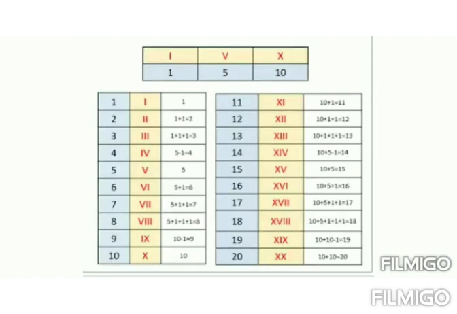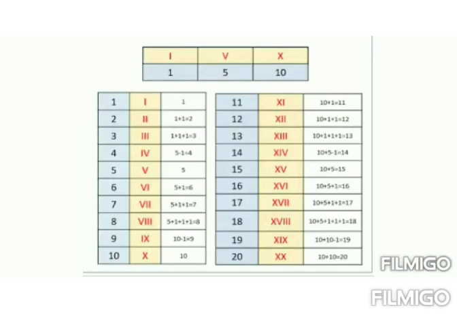For 15, we will use XV, that is 10 plus 5 equals 15. For 16, we will use XVI, that is 10 plus 5 plus 1 equals 16. For 17, we will use XVII, that is 10 plus 5 plus 1 plus 1 equals 17.